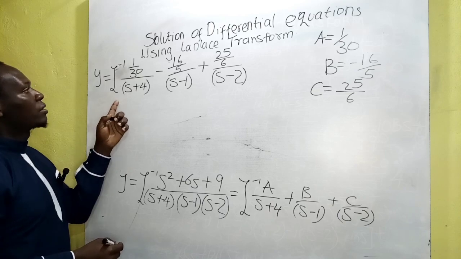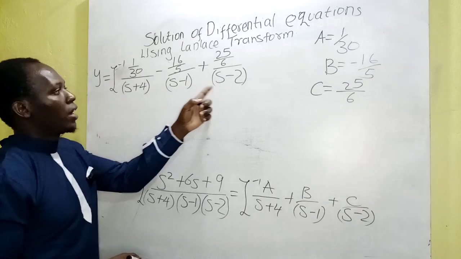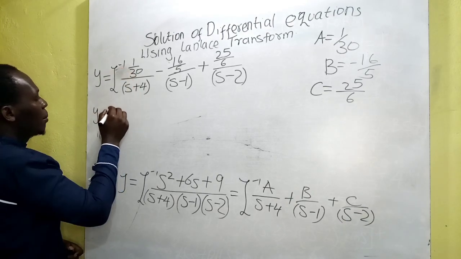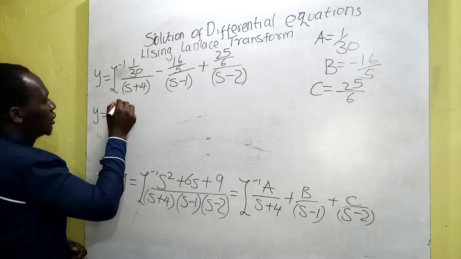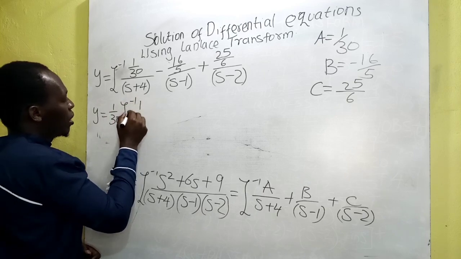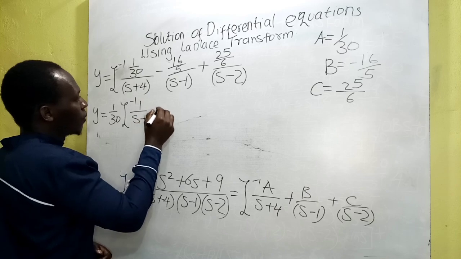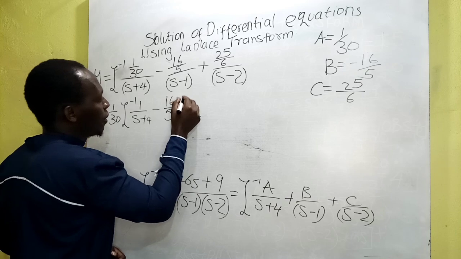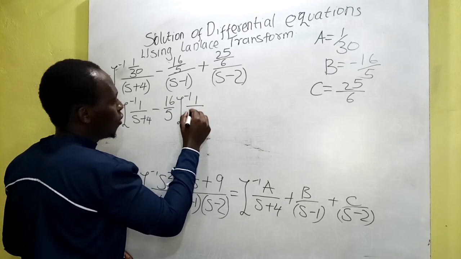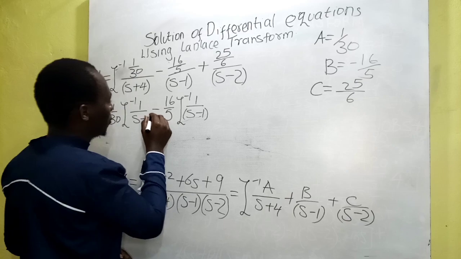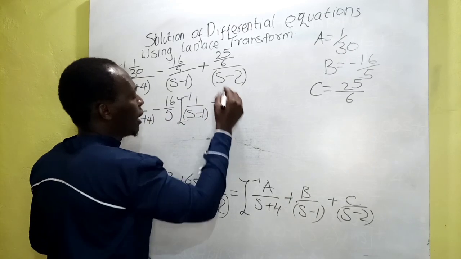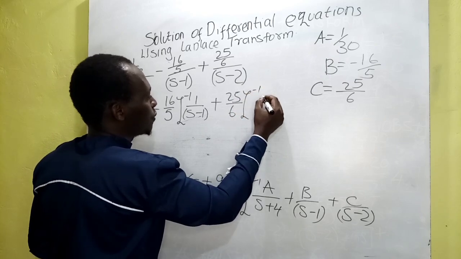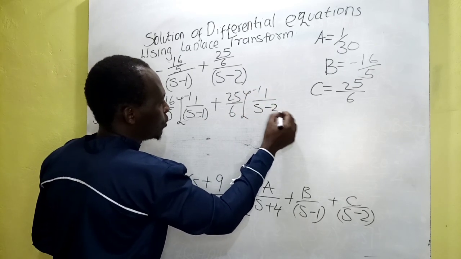Now I need to get the inverse Laplace transform of each and every term, to mean that I will be having now y is equal to 1 all over 30, the inverse Laplace transform of 1 all over s plus 4, I subtract 16 all over 5, the inverse Laplace transform of 1 all over s subtract 1, I come and add 25 all over 6, the inverse Laplace transform of 1 all over s subtract 2.